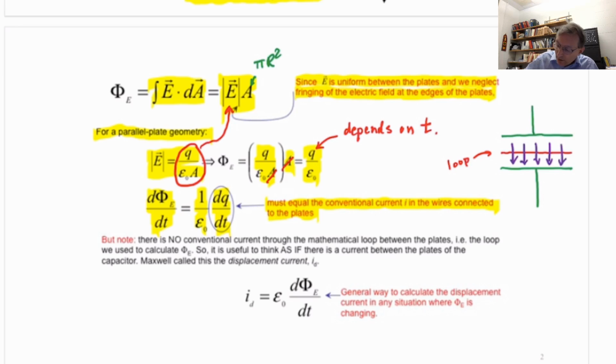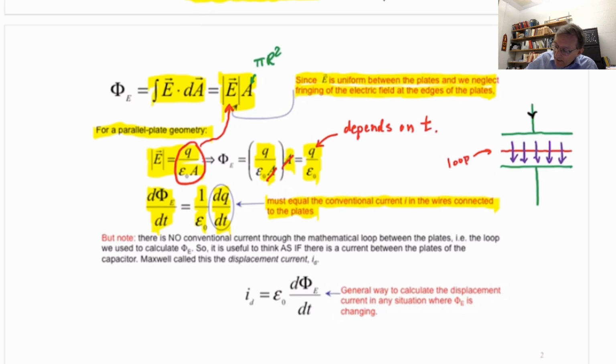But our conventional current I is flowing downward in the wires like that. Note then, there is no conventional current through the mathematical loop between the plates, right? There's no I, conventional current, flowing through that mathematical loop, the loop that we use to calculate phi sub e.